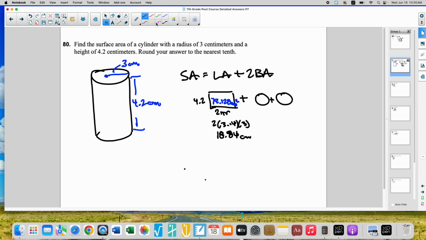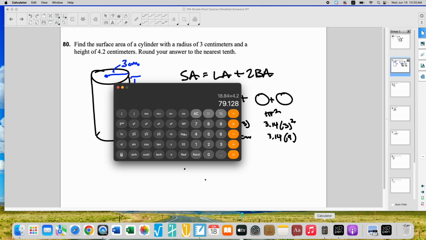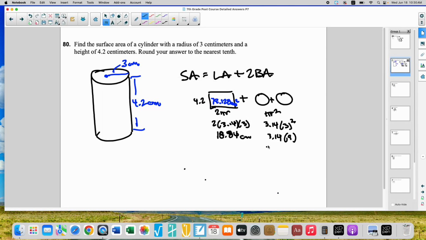And now we want to find the area of a circle, which is pi r squared. 3.14, and the radius, again, is 3 squared. So that's 3.14 times 9, which is 28.26.